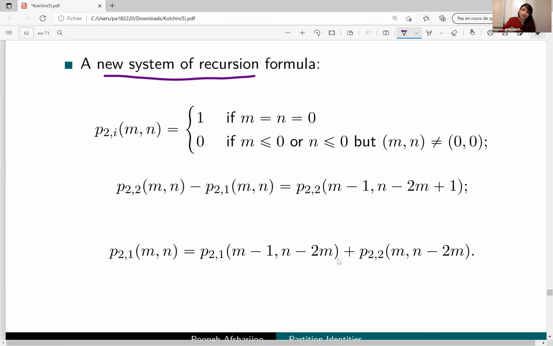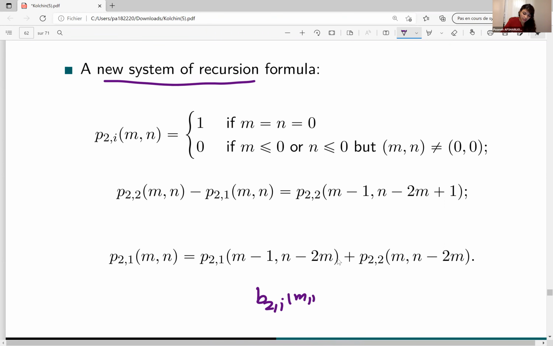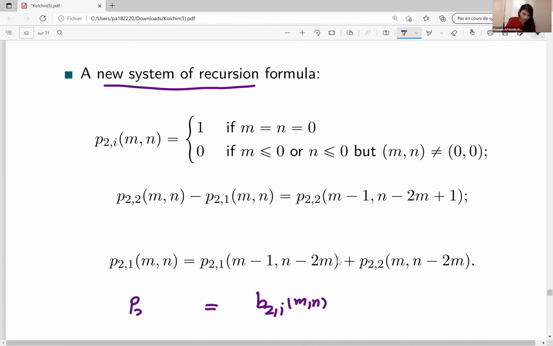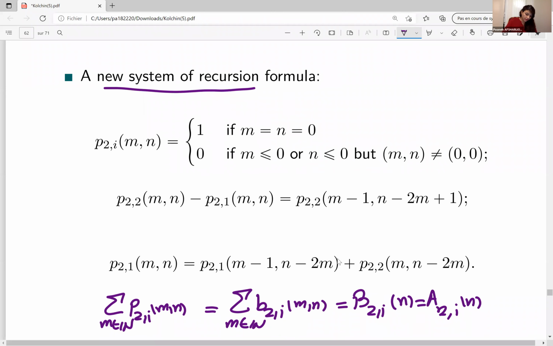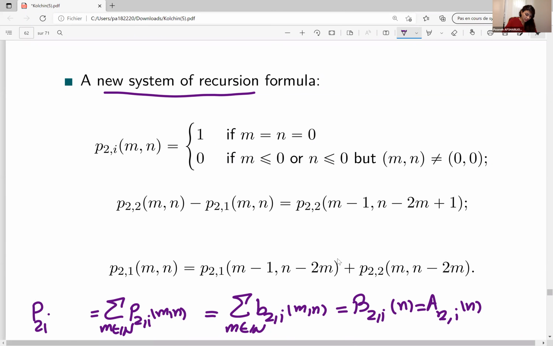And then this time I proved that B2I of Mn also verifies this system of equations, and as before, we have equality between these two numbers. If we take the sum over m, in the right hand side we have the sides of Rogers-Ramanujan identities, and in the left hand side we have a new member for these identities, and this proves this second theorem.